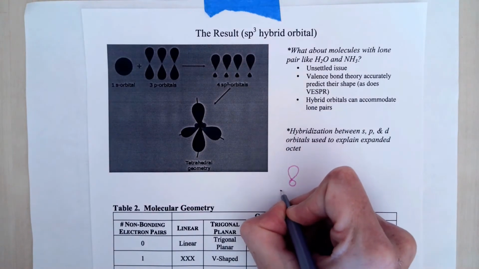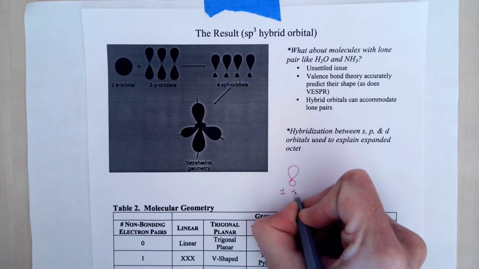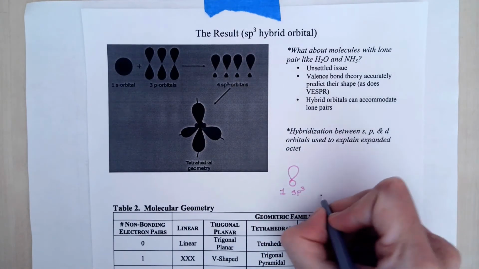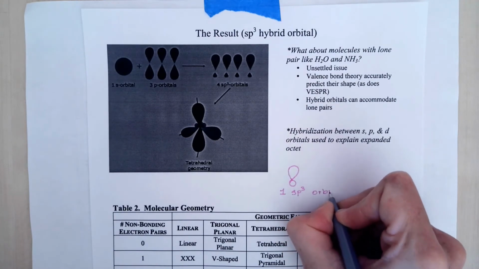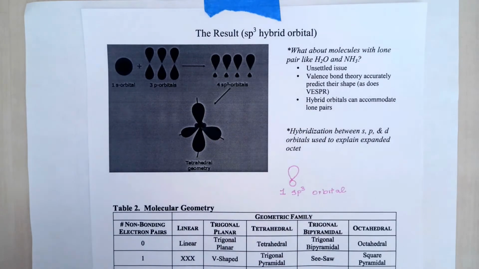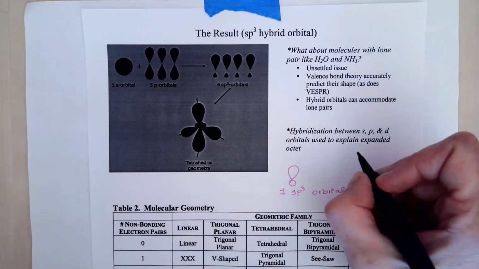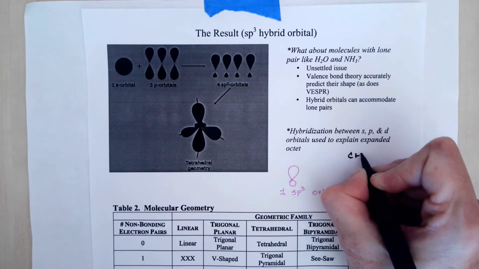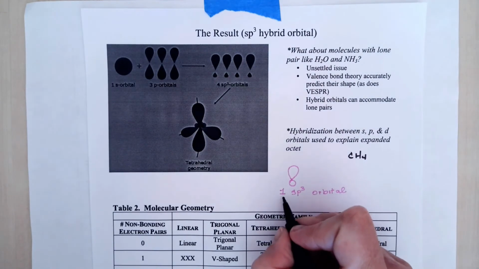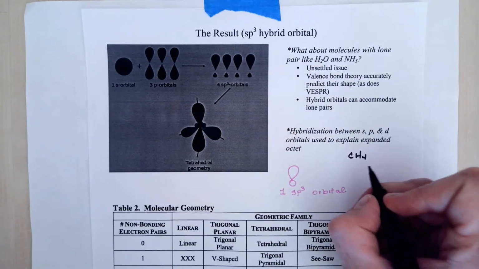This is one sp cubed orbital. And we expect to see 4 of them if we have a carbon center. So in something like CH4, we would expect 4 sp cubed orbitals.